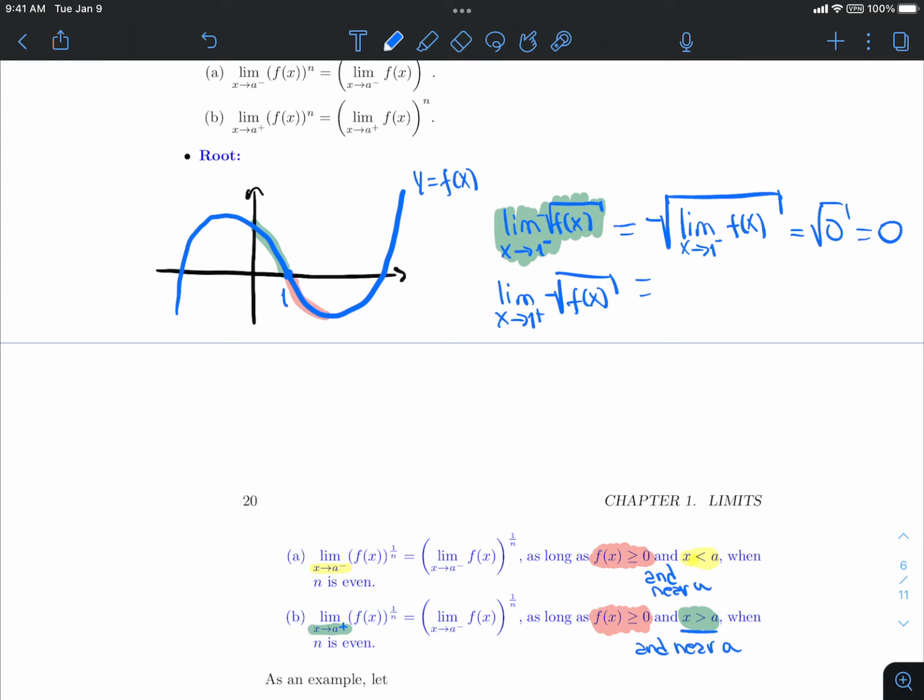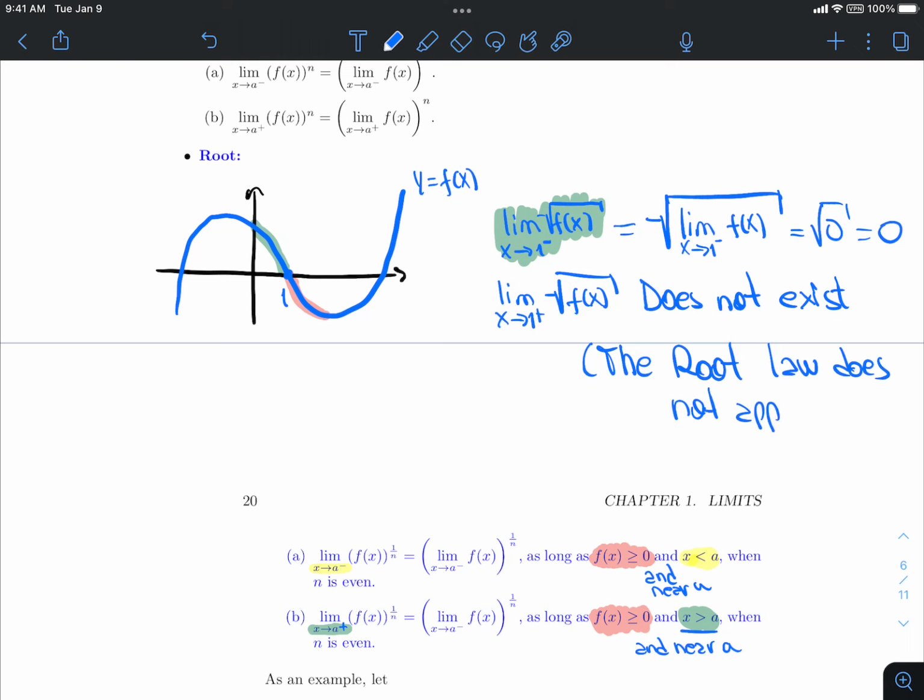You're not supposed to plug in negative values into a square root. So this thing does not exist, and the root law does not apply. Just this one minor distinction that you have to be mindful of.